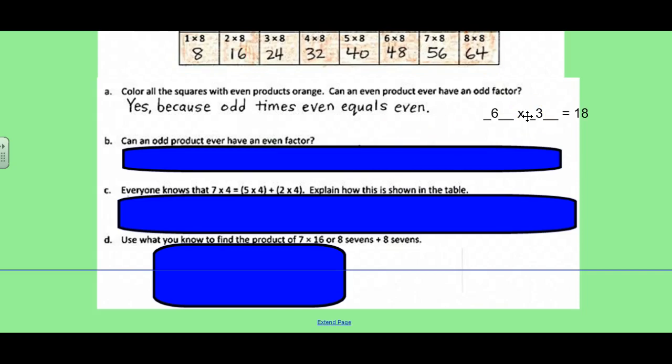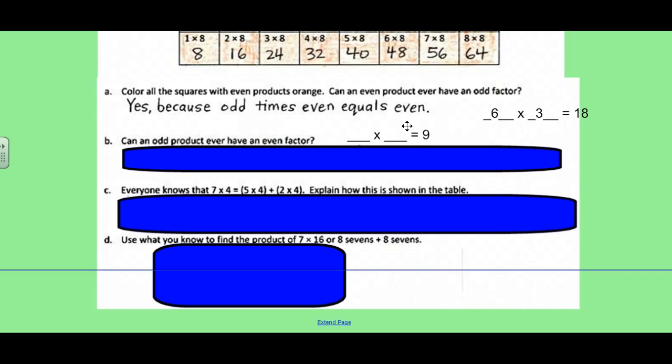B says, can an odd product ever have an even factor? So that means that if I have the equation blank times blank is equal to 9, because 9 is an odd number. So remember back to what we just learned. Anytime we have an odd product, that's because the numbers that we multiplied together were odd numbers.